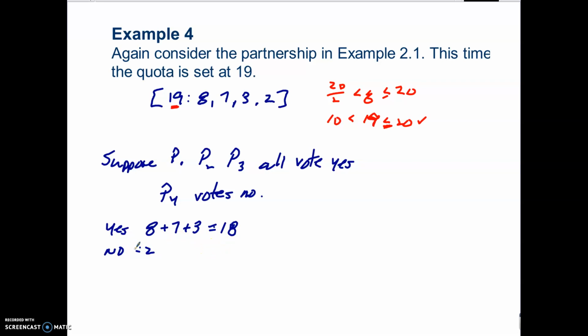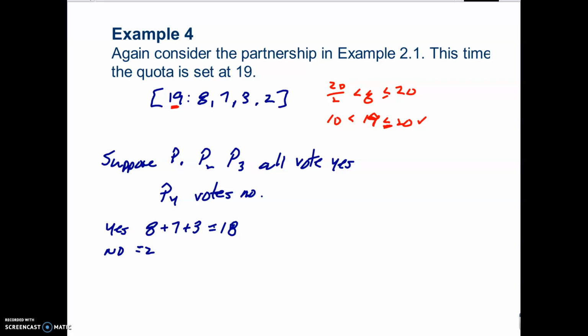So this motion still will not pass. So player 4 having the ability to vote no can keep this from passing. So one player can keep this from passing.